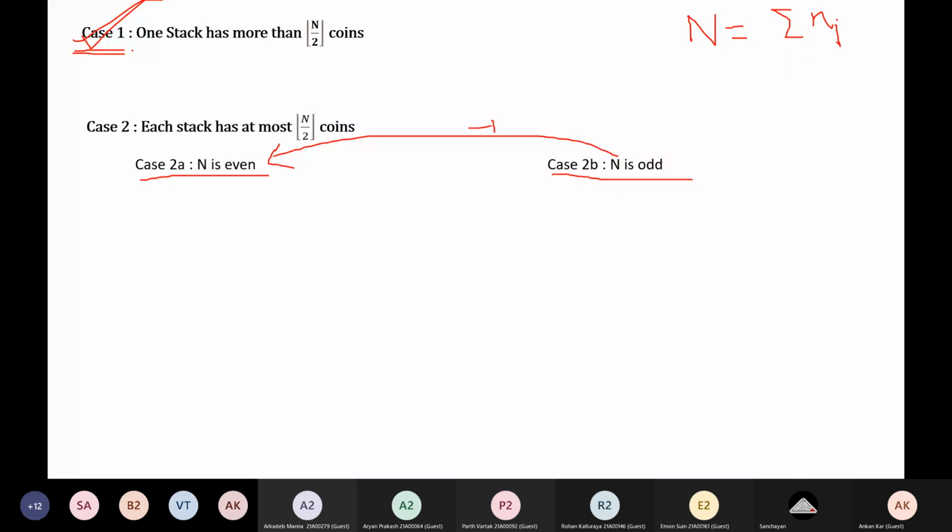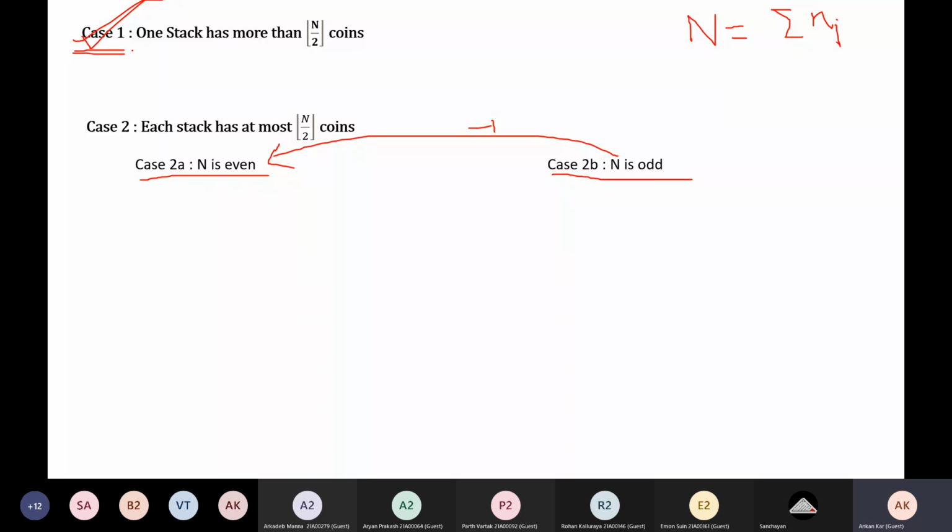Even if you are left with, suppose, two coins in 16 stacks, you will keep on taking coins from each stack until it becomes two coins in four stacks, or one coin in one stack and three coins in another stack.